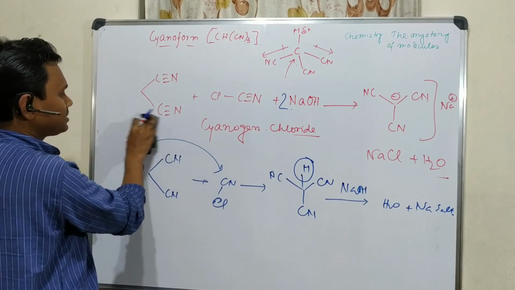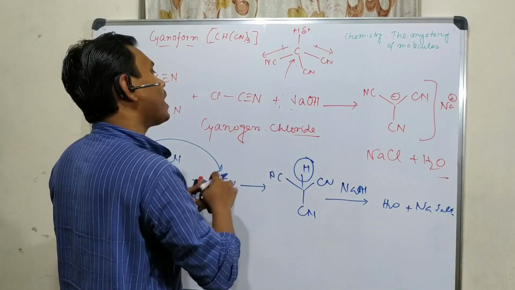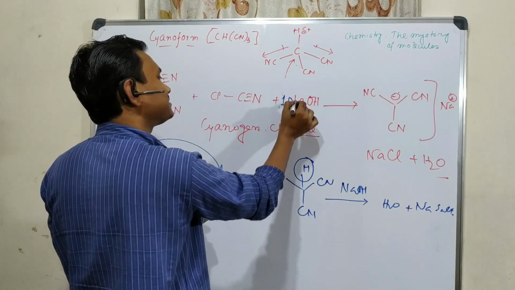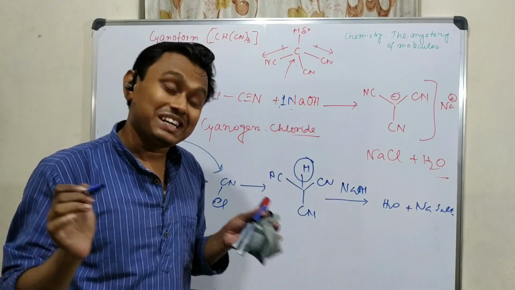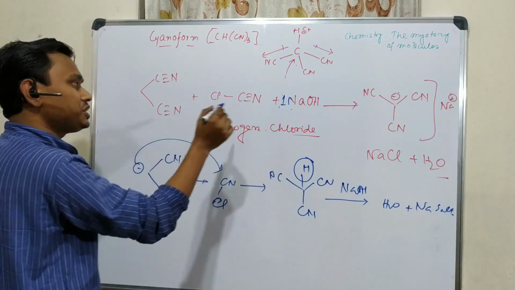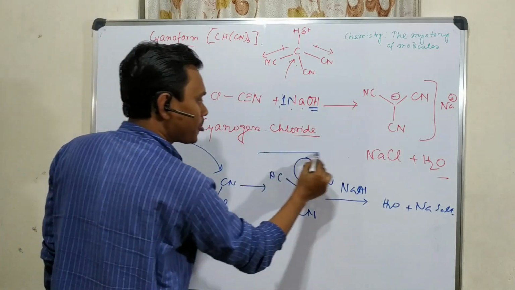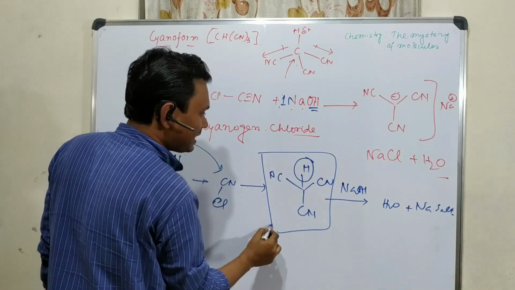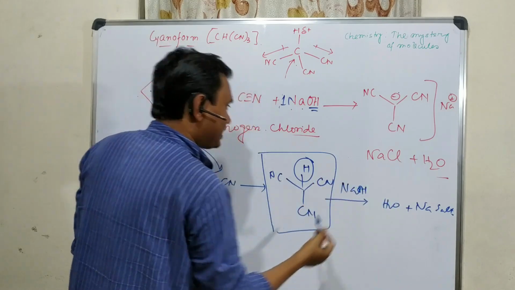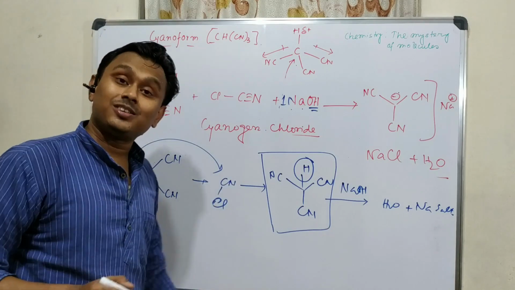Now the question is, if instead of two equivalents we provide one equivalent, what will be the product? That's the trick. If we provide one equivalent, initially some molecules of hydroxide will react with this to produce this. Okay, and after that, here two reactions are acid-base reactions, and both are carbanion generation.